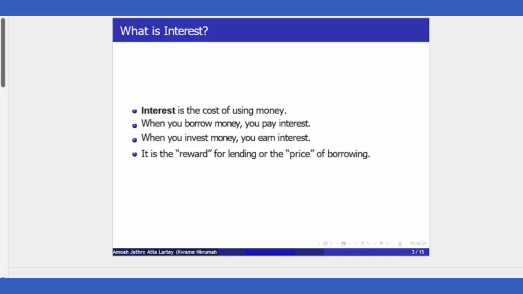Because when the banks lend you money, you go and borrow the bank's money, they expect you to pay back the money you borrowed in addition to a certain interest. Let's say you borrowed 200 Ghana cedis. They expect you to bring 200 and let's say 30 cedis.